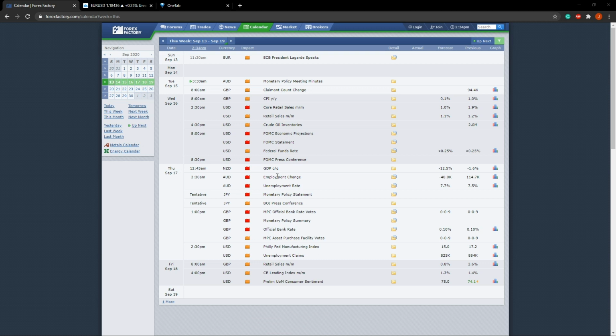On Thursday, quite a few high impact events, mostly affecting the Australian dollar and the GBP. A few medium impact events later on Thursday, unemployment claims. And on Friday, we have some retail sales affecting the GBP, and then some index figures later in the evening.